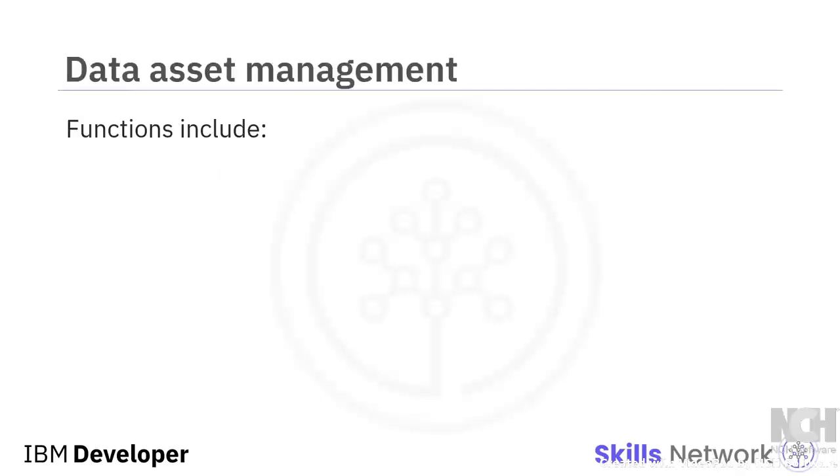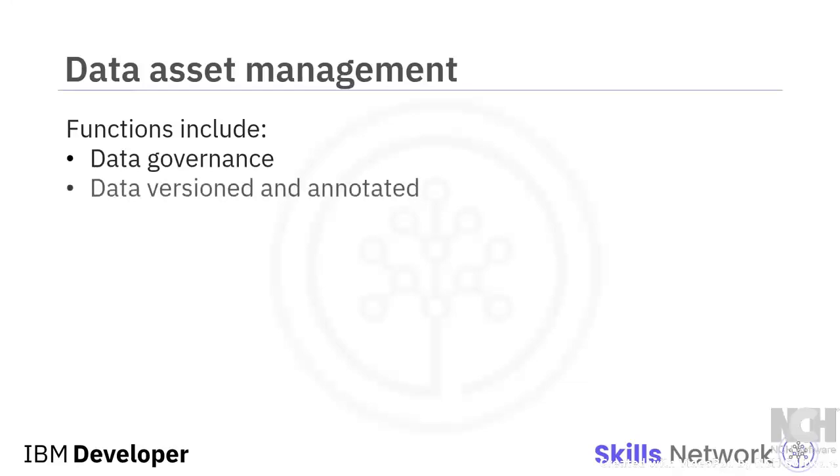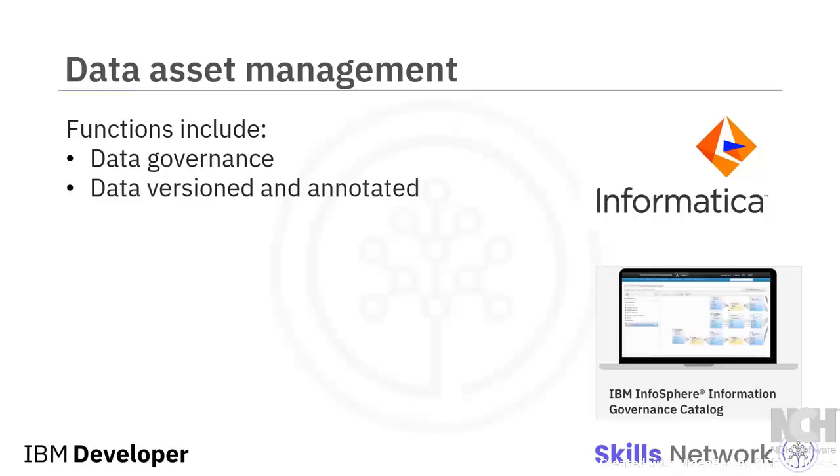Data asset management, often called data governance or data lineage, is a crucial part of enterprise-grade data science. Data must be versioned and annotated with metadata. Vendors, including Informatica Enterprise Data Governance and IBM, provide tools for these specific tasks. The Information Governance Catalog covers functions like a data dictionary, which facilitates the discovery of data assets.